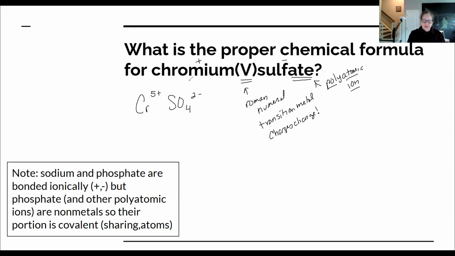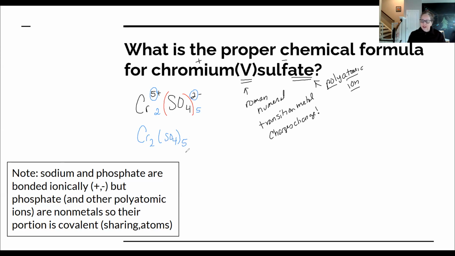When we're dealing with these crisscrossing, polys get parentheses, and then we crisscross. Otherwise, we can put this 5 in the wrong spot if we did not have those there. So Cr2(SO4)5. Chromium 5 sulfate is its name.